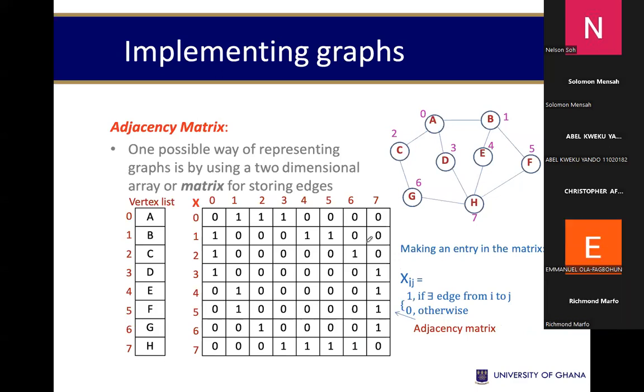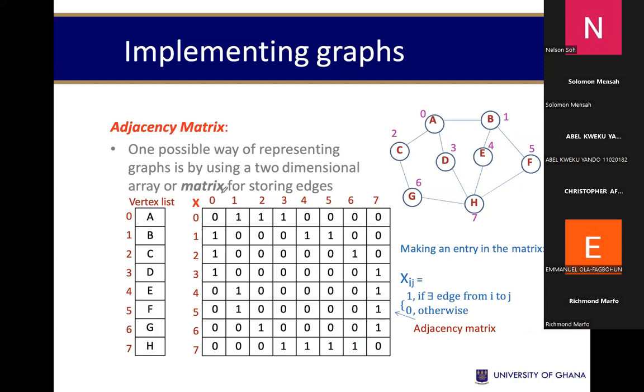One possible way of representing a graph is by using a two-dimensional array or matrix for storing the edges. So we can have the vertex list A, B, all the way to H. Then we want to have this particular matrix in terms of rows and columns.